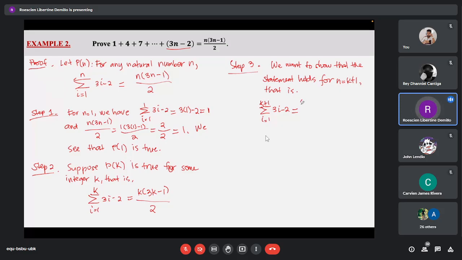So, this becomes k plus 1 times 3 times k plus 1 minus 1 all over 2. So that is what we aim to solve. So, let's start.